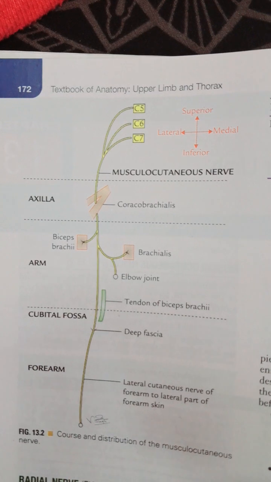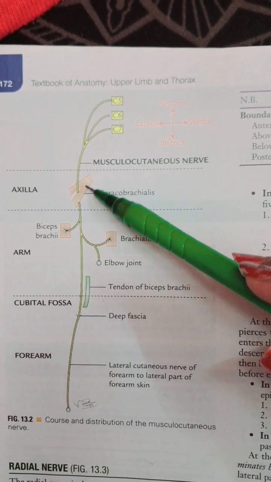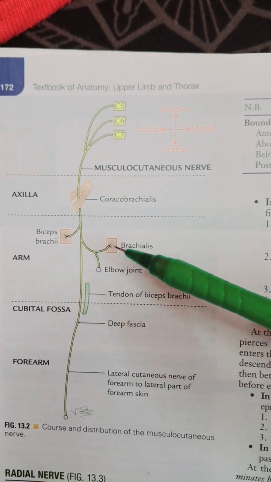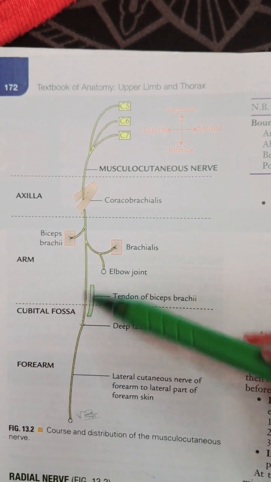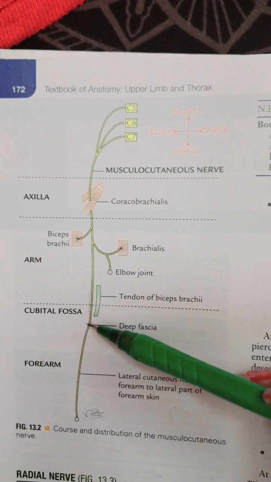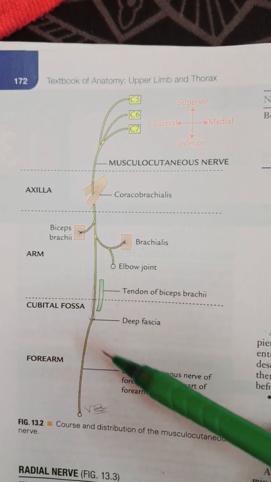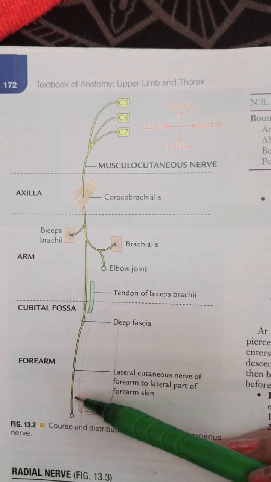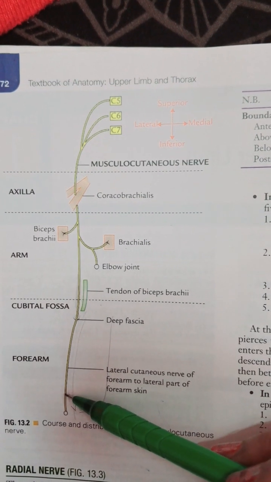Now let us see the course of musculocutaneous nerve. It runs downwards. It pierces coracobrachialis. It runs between biceps brachii and brachialis in the arm, and it appears at the lateral margin of tendon of biceps brachii, and it pierces deep fascia 2 centimeters above the elbow and descends over lateral aspect of forearm to provide sensory innervation to its lateral aspect.